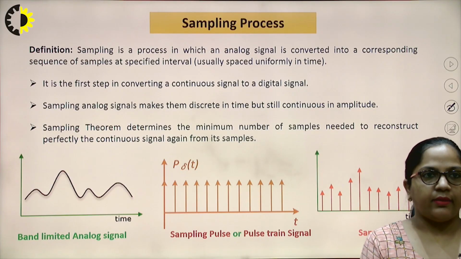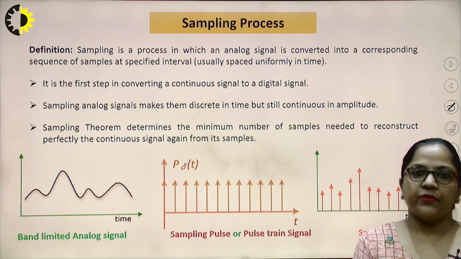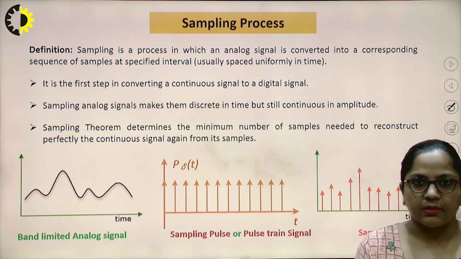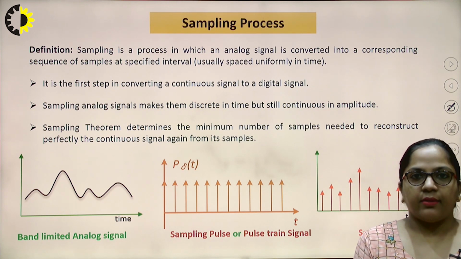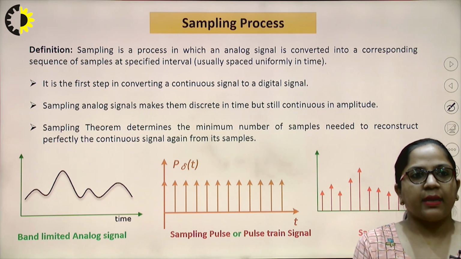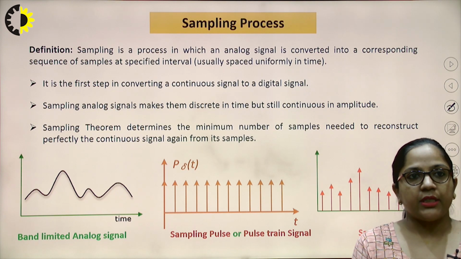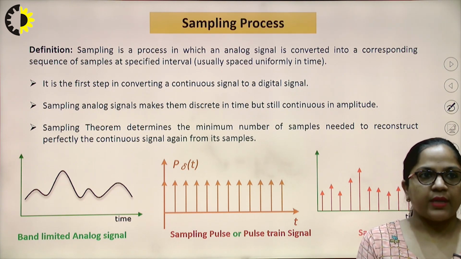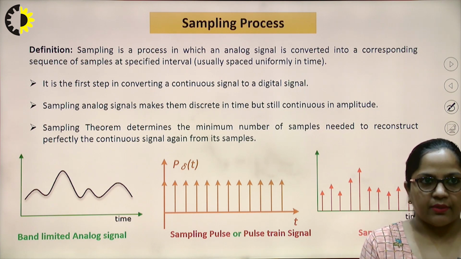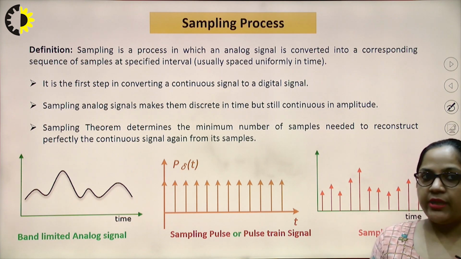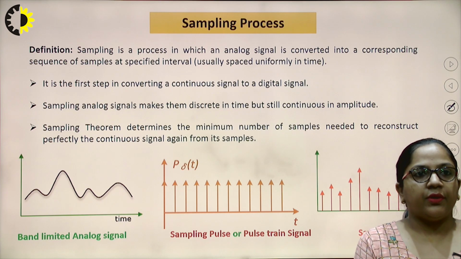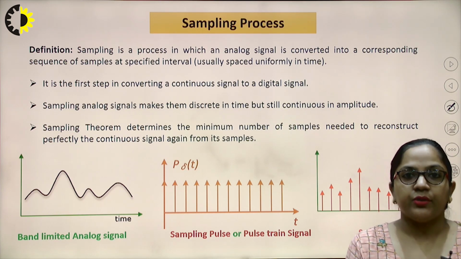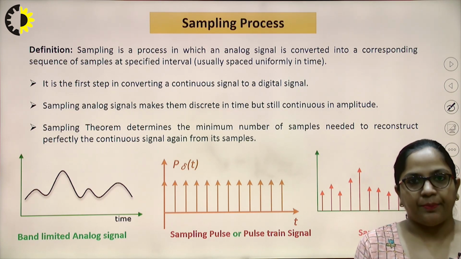To understand pulse modulation, first we have to understand the sampling process. What do we understand by the term sampling? We can define sampling as a process in which an analog signal is converted into a corresponding sequence of samples at a specified interval. The samples are usually spaced uniformly in time.